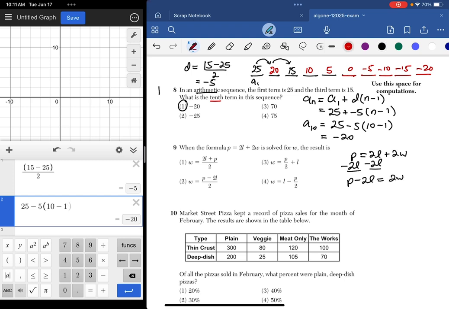And then, again, the ultimate goal here is to get the W by itself, so I'm going to divide out a 2. On the right-hand side, that cancels to just a W. On the left-hand side, there's really nothing else you can do. So it's just P minus 2L over 2. All right? So that would be choice 2.